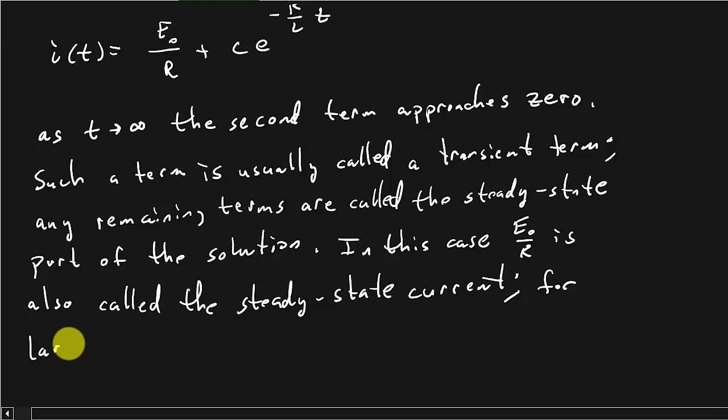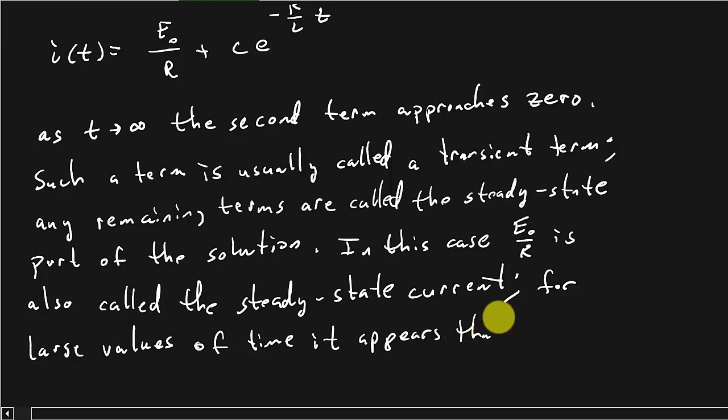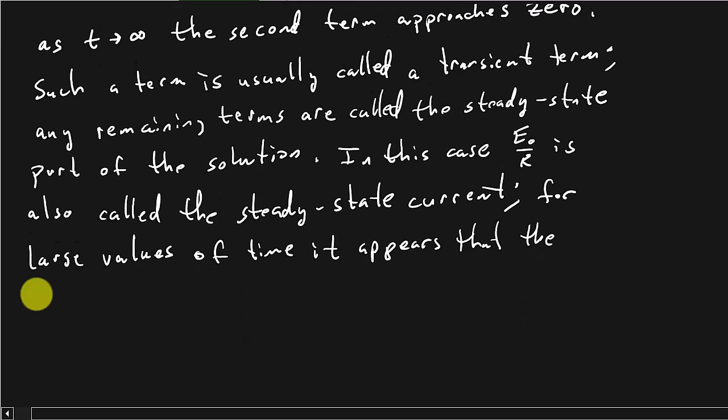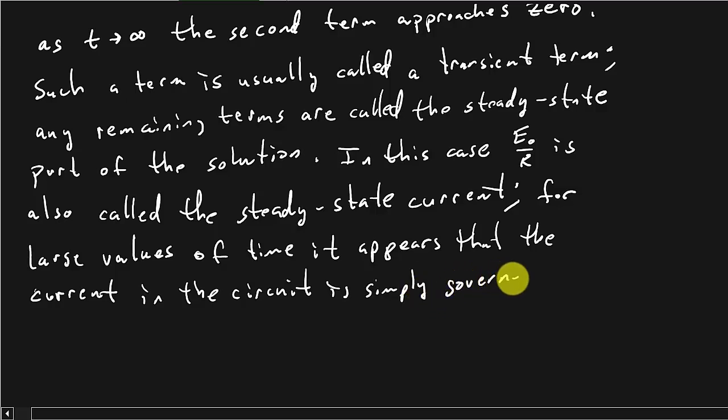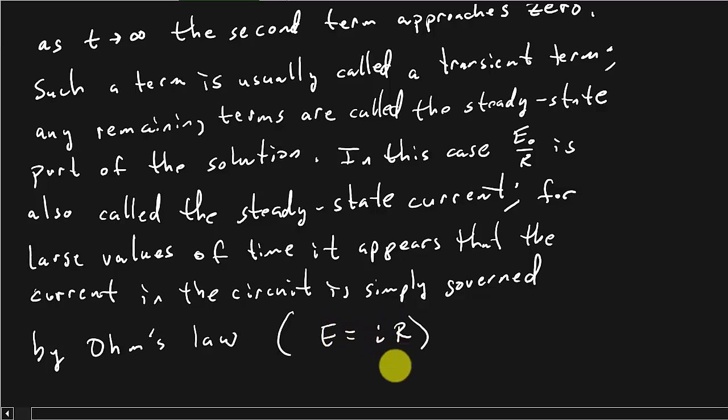For large values of time, so this is when t gets big, it appears that the current in the circuit is simply governed by Ohm's law, E equals IR.